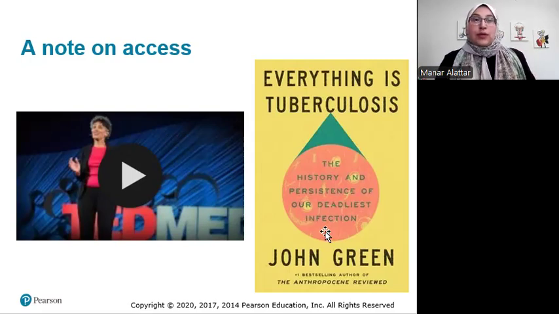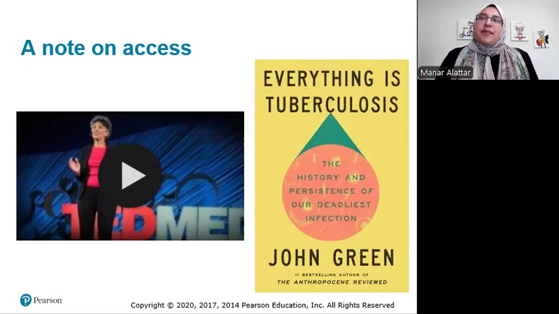If you have time to read this book, it's not something you'll be tested on or required to read during this term, but I would recommend thinking more about access in terms of the medical system and access to these antimicrobials and vaccines. We're also going to come back at the end of this chapter to a discussion of overuse of antimicrobials and antibiotics and how that is also a big part of a lot of issues we're seeing across the board in the medical system. But stay tuned for that.